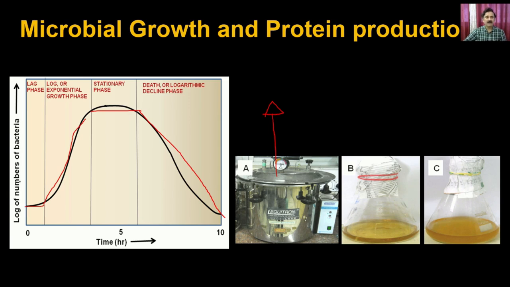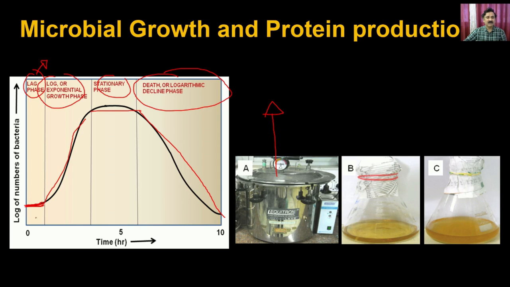When you are growing the bacteria, it will follow a particular pattern where you have the lag phase, log phase, stationary phase, as well as the death phase. The lag phase is where the bacteria are adjusting themselves to these particular media conditions.